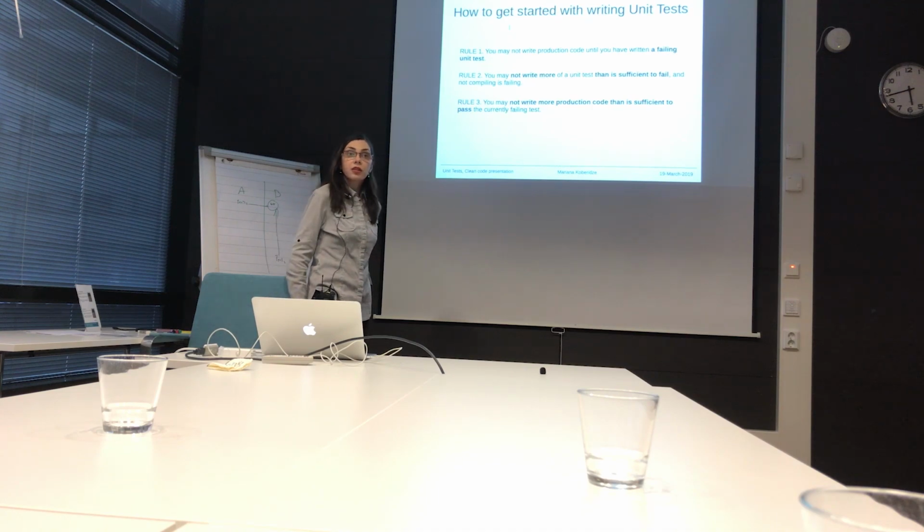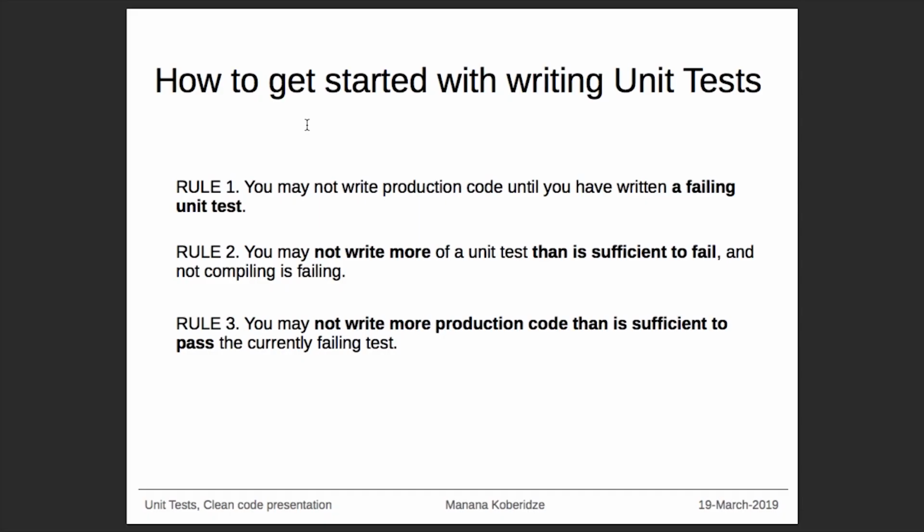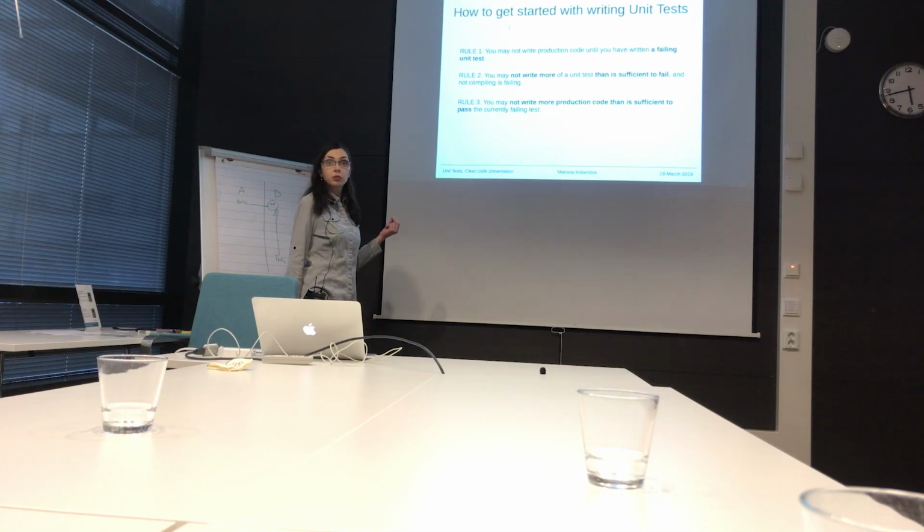So these are the three rules to follow, which practically summarize what we talked about. We should not write production code until we have a unit test which fails for it.